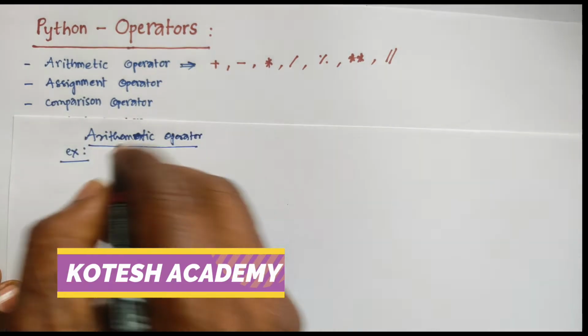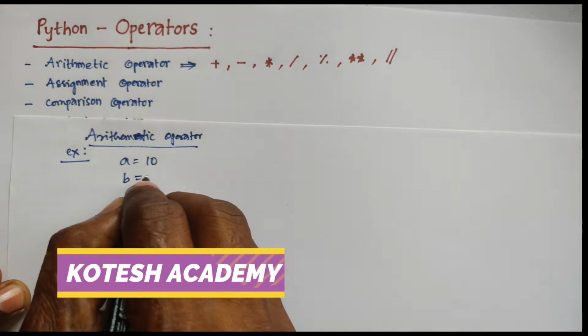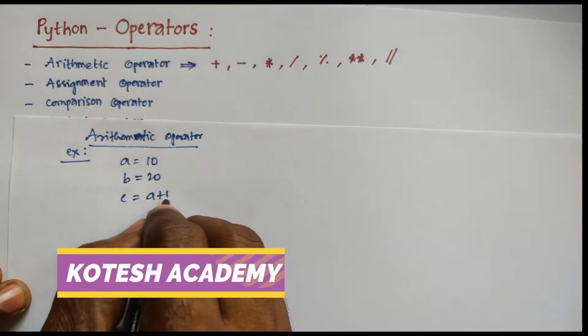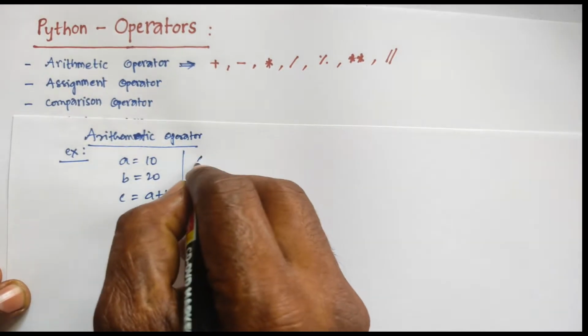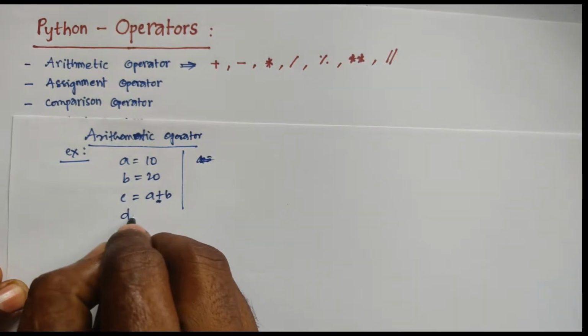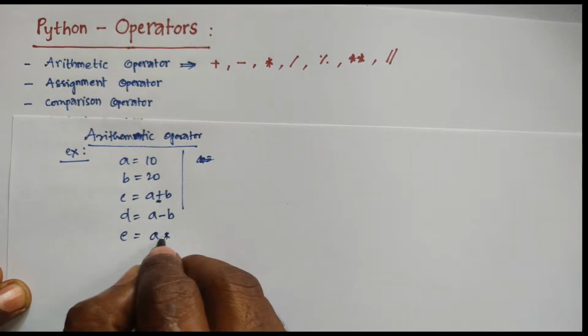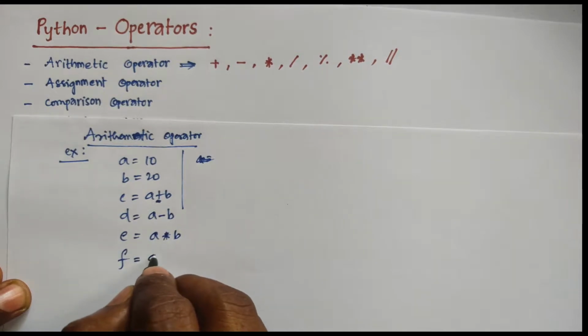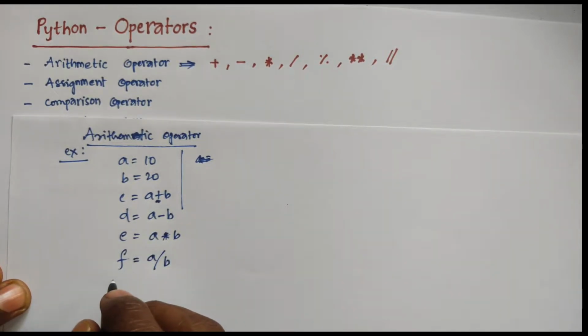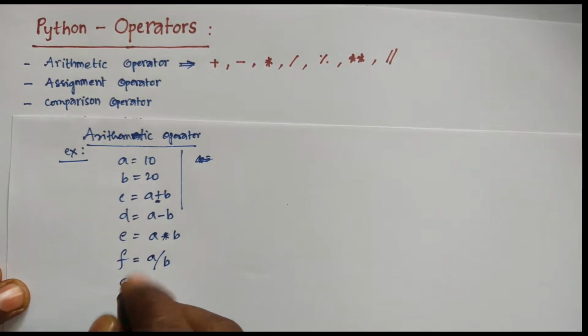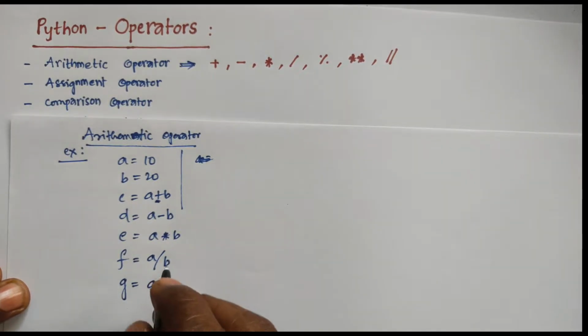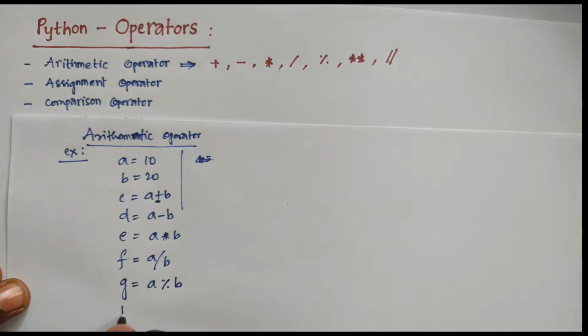For example, a is equal to 10, b is equal to 20, then c is equal to a plus b. Here that is the actual arithmetic. Similarly, d is equal to a minus b, e is equal to a into b, f is equal to a by b, that representation is division. g is equal to a modulus of b, h is equal to a double star b, the exponential.